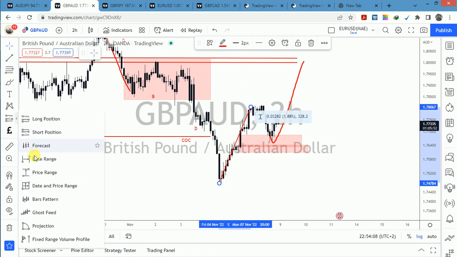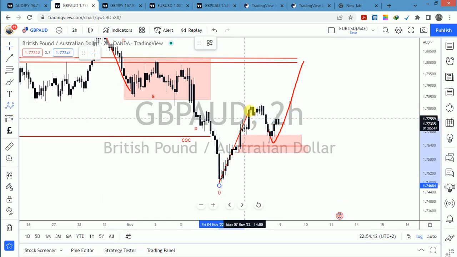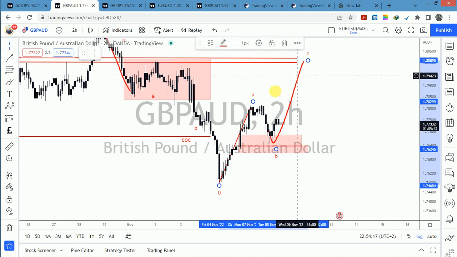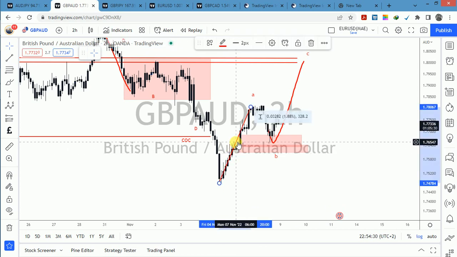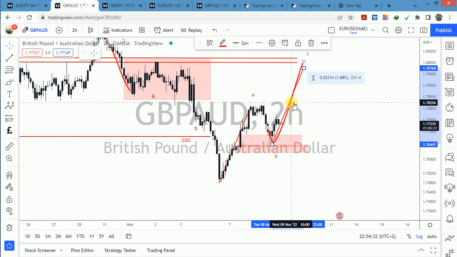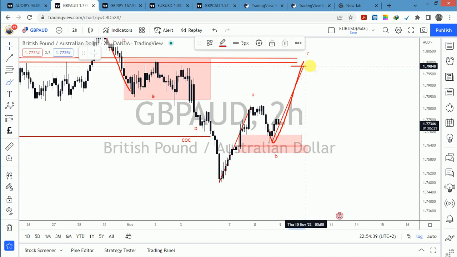it's a B and then a C there. So 0A should be equal to BC, right? It is equal to BC. So if we just copy this guy, and then we just put him there, this is where the C is going to complete.